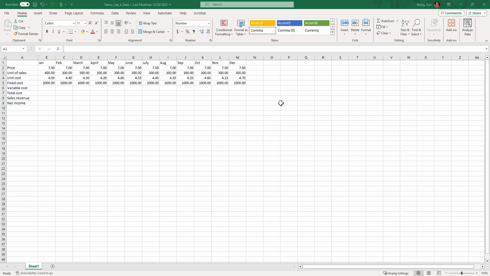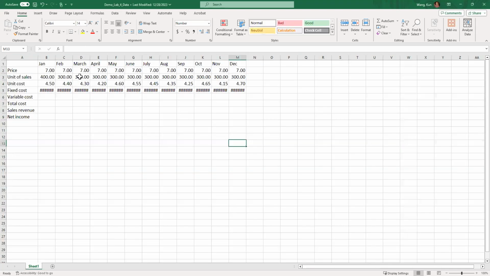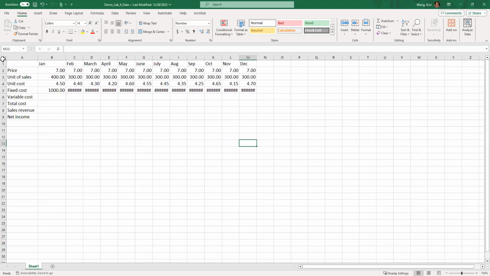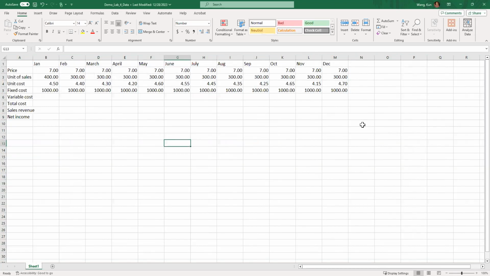Hopefully you can already see the lab 4 data worksheets. I'm going to enlarge this, zoom in, so you can see it more clearly.